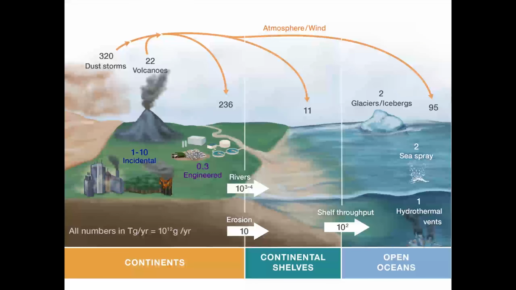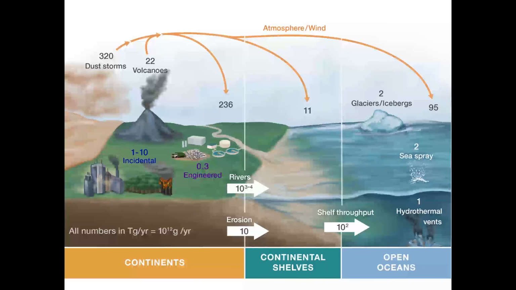This is a map that shows the amount of nano that's traveling across at least the surface of the Earth. Look at the dust storms in the right of this picture. What that 320 means is that every year there are 320 teragrams of nanominerals in those dust storms that distribute themselves as where you see the arrows going.